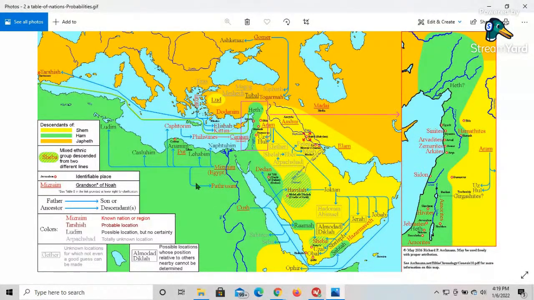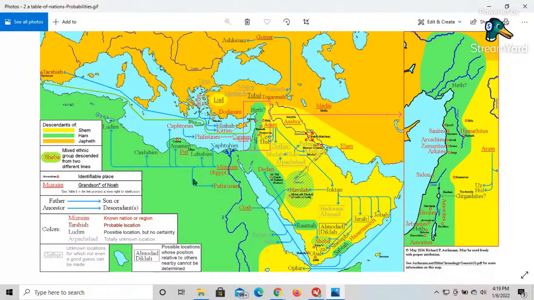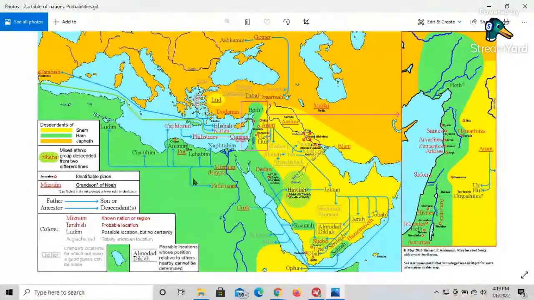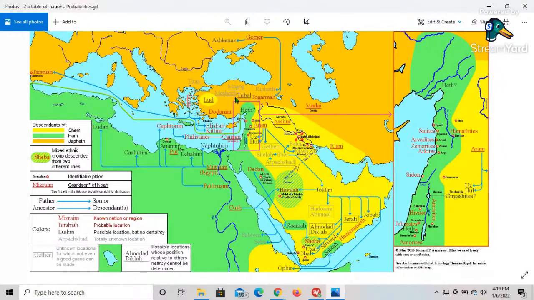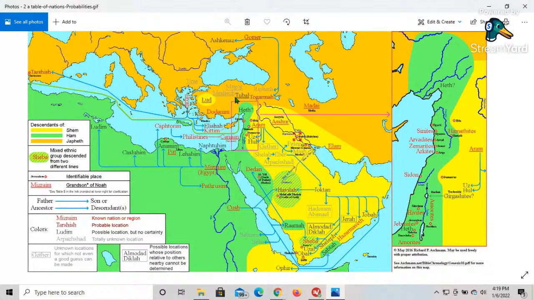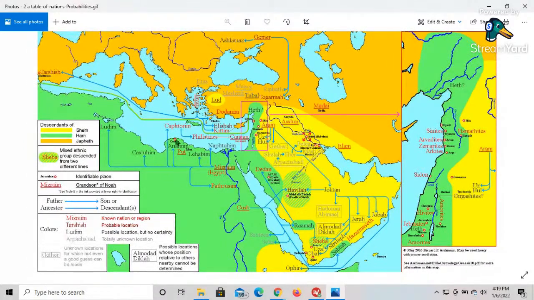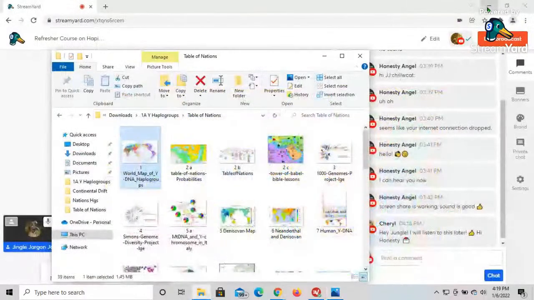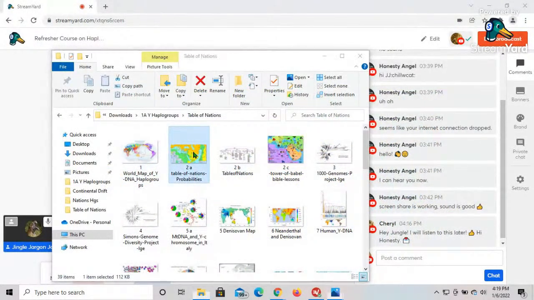This is a good map because if I can zoom in, no, I can't. Somehow it's not working this time. But anyways, let me see if I can do this differently here. Let me go here. Let me try it this way.